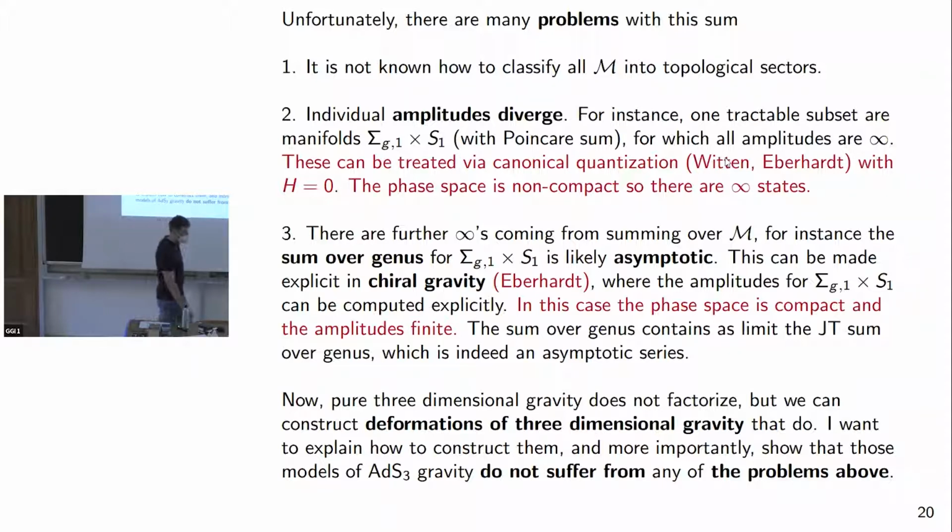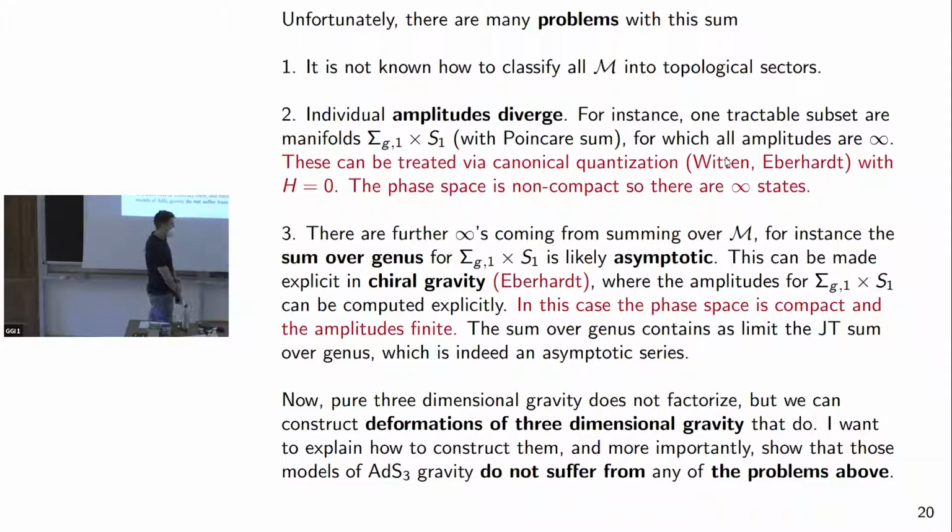Okay, now this pure 3D gravity, we should think of as similar to JT. It doesn't factorize and it has no discrete spectrum, presumably. But I want to construct what I think is a sensible class of deformations of 3D gravity which do factorize.